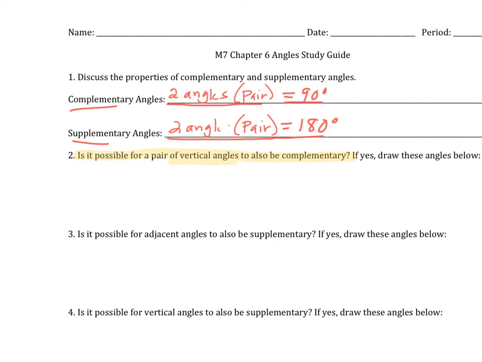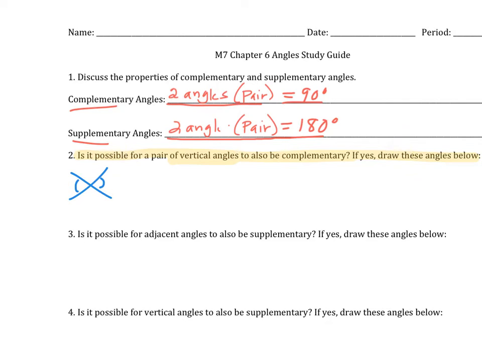So, is it possible for a pair of vertical angles to also be complementary? If yes, draw these angles below. Well, vertical angles are angles that are kind of like opposite each other, okay? And if these both were the same degrees, they could add up to equal 90.